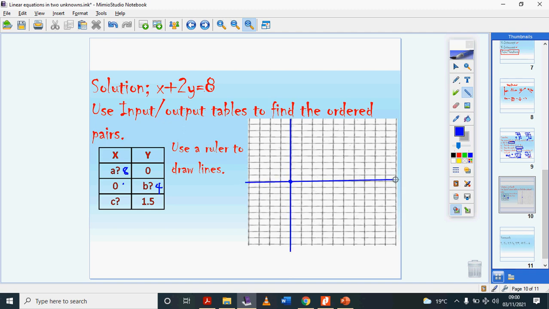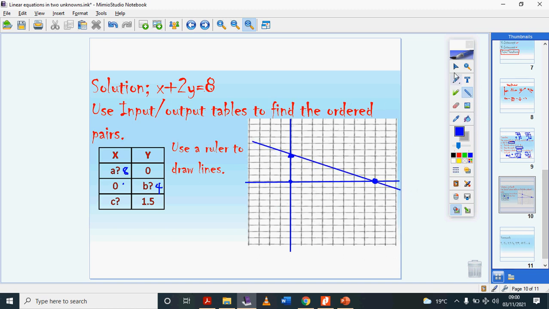If a is 8, then it's just going to be x is 8, y is 0. So 1, 2, 3, 4, 5, 6, 7, 8. That's 1 point. And b is 4. x is 0, y is 4, so 1, 2, 3, 4. I have 2 points. I can use them to draw a line.